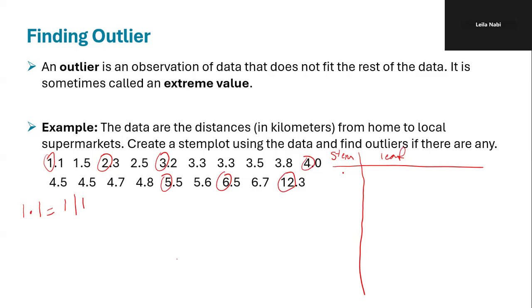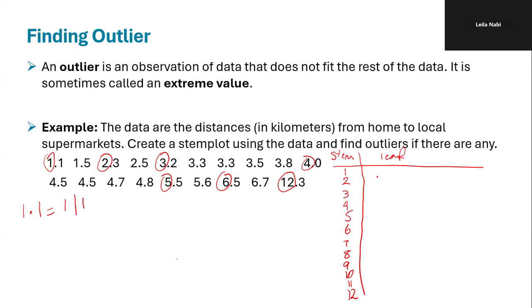But make sure to put them in order: 1, 2, 3, 4, 5, 6, and I know there are 7, 8, 9, 10, 11, and 12. I know there are no numbers for 7 to 11. That's why, if we leave them blank, we can see the outlier. We can see a number that is far away from the rest of the data.